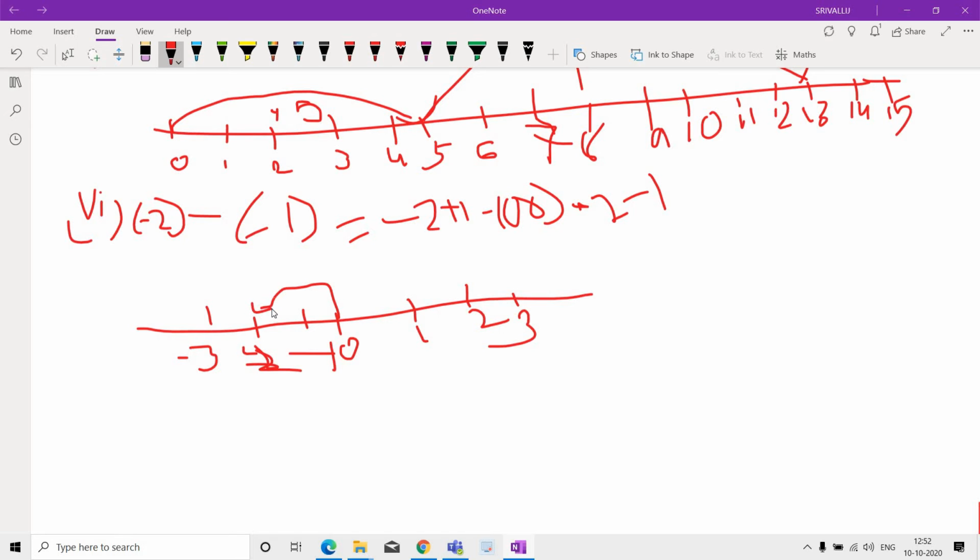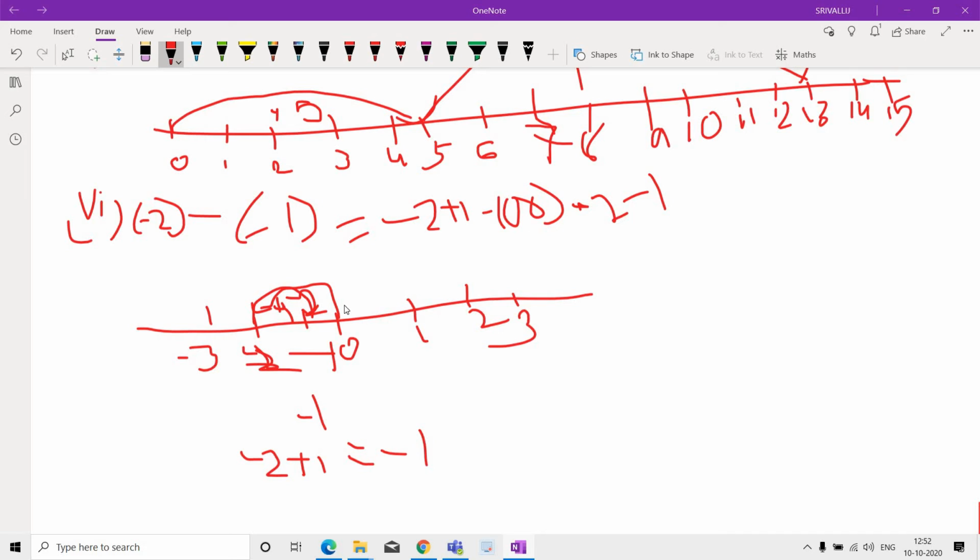I am jumping 0 to -2, going backward, meaning left of the origin. They said again +1. So -2 plus 1, and I am getting -1. If we did -2 plus 1, we are getting -1.